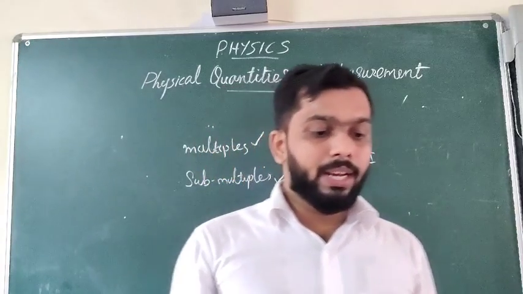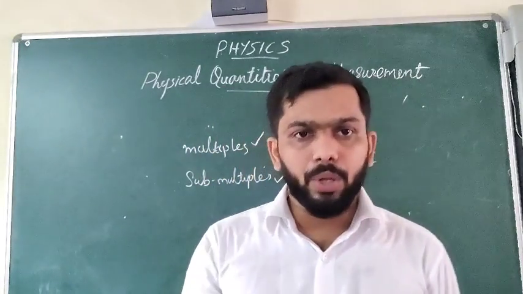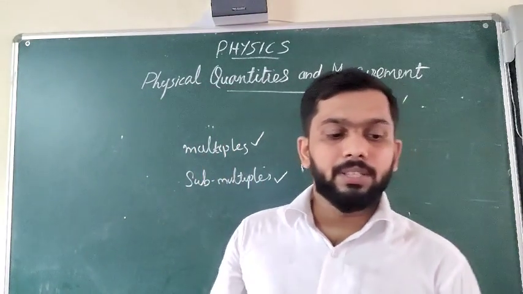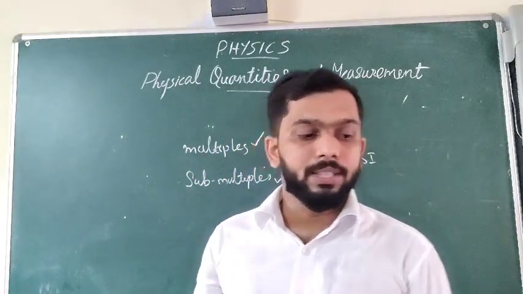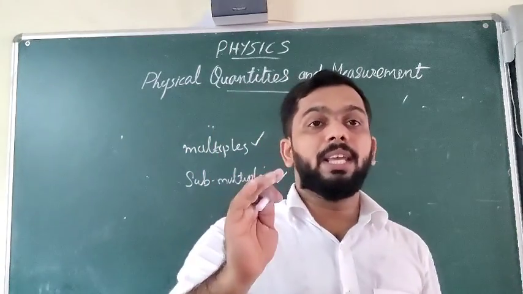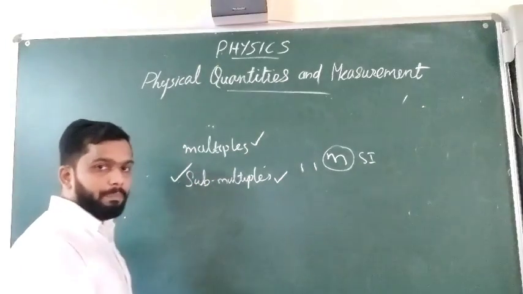Then there is one more, deci, that is 1/10 part, which we normally do not use, but it is given in the textbook so you can go through it: decimeter, decigram and deciliter. After that, multiplier 1 is given. The first 3 are submultiples.